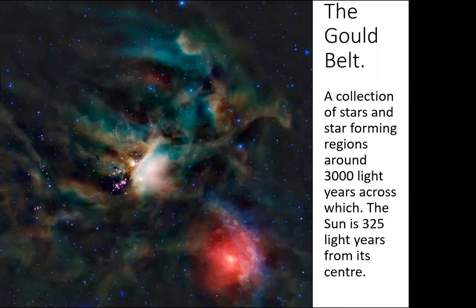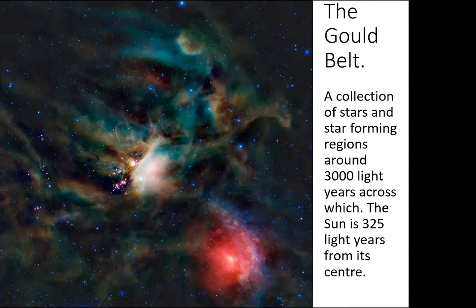If we look a little bit further afield still, we get to the Gould belt, where the stars and star-forming regions around us are about 3,000 light years in diameter, and it seems to be a ring of stars in the Milky Way that's tilted at an angle to the main plane of the galaxy, and contains a very large number of those very hot O and B class stars.